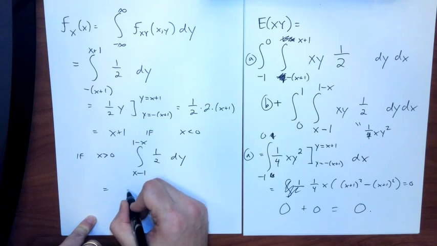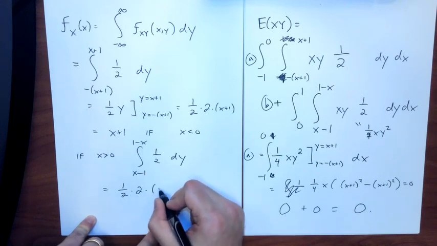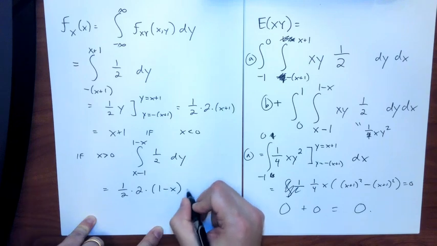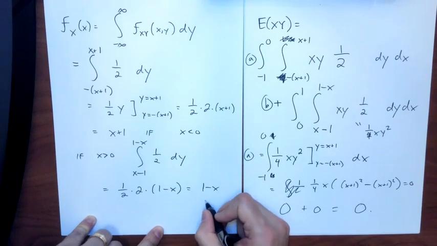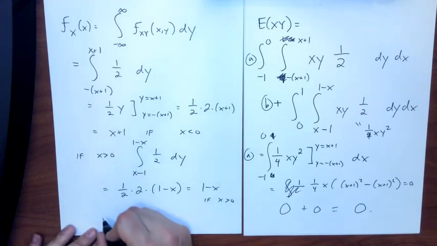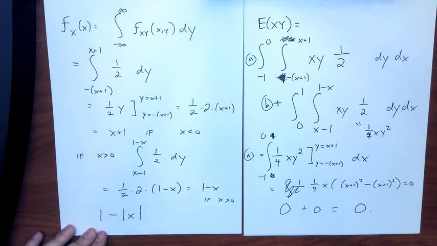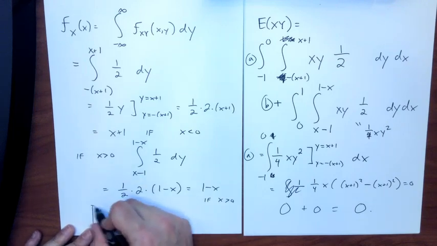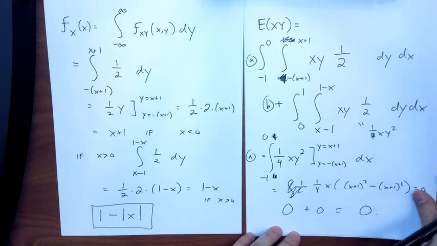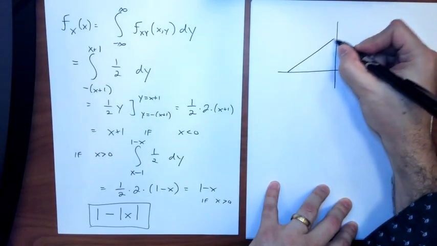That's going to look like 1/2 times 2 times 1 minus x, which is 1 minus x if x is greater than 0. So the PDF I get is going to look like 1 minus the absolute value of x. That's my overall PDF. And it just looks like this, right?